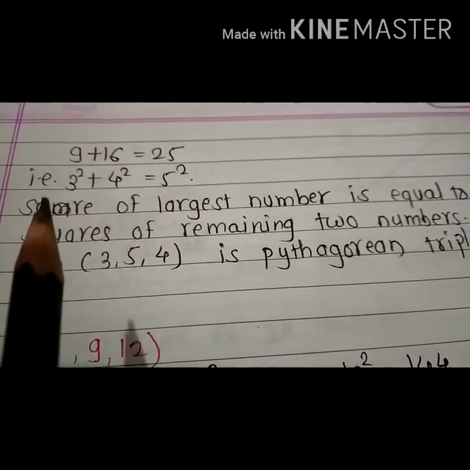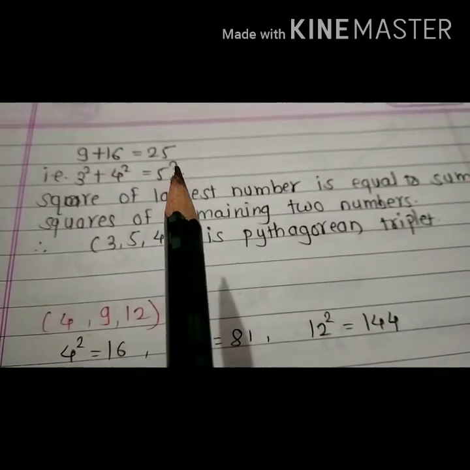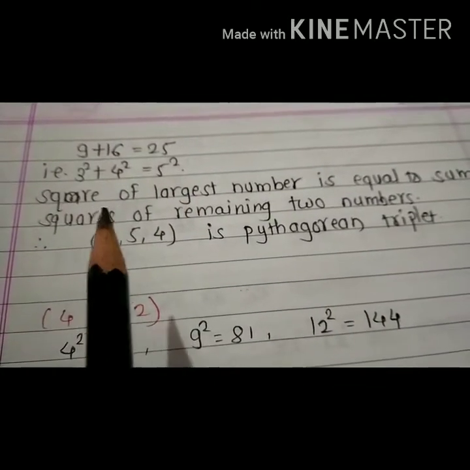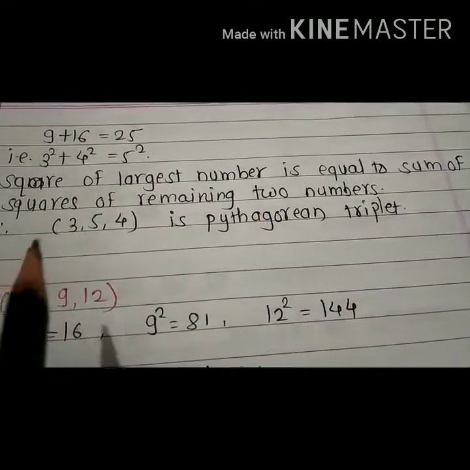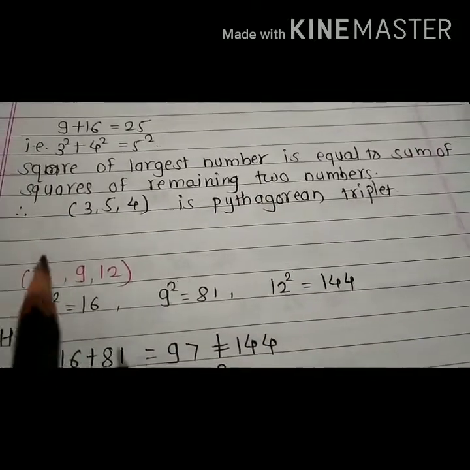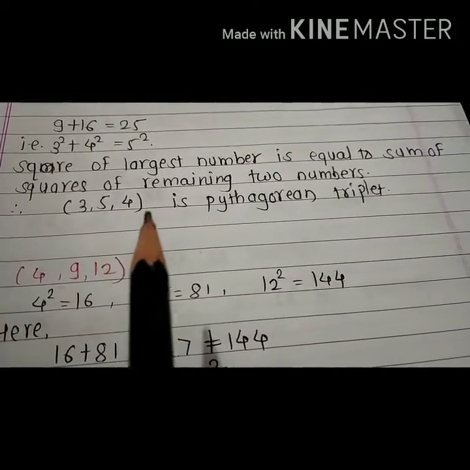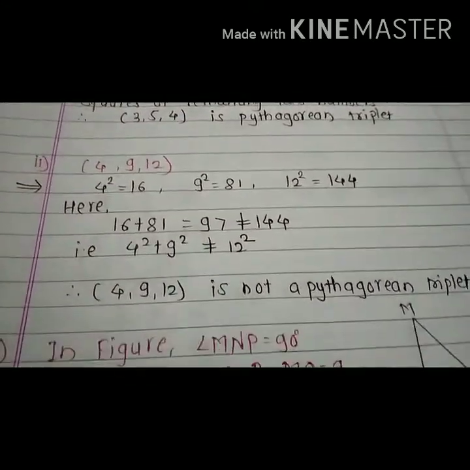That is 3 square plus 4 square is equal to 5 square. Square of largest number is equal to sum of squares of remaining two numbers. Therefore 3, 5, 4 is Pythagorean triplet.